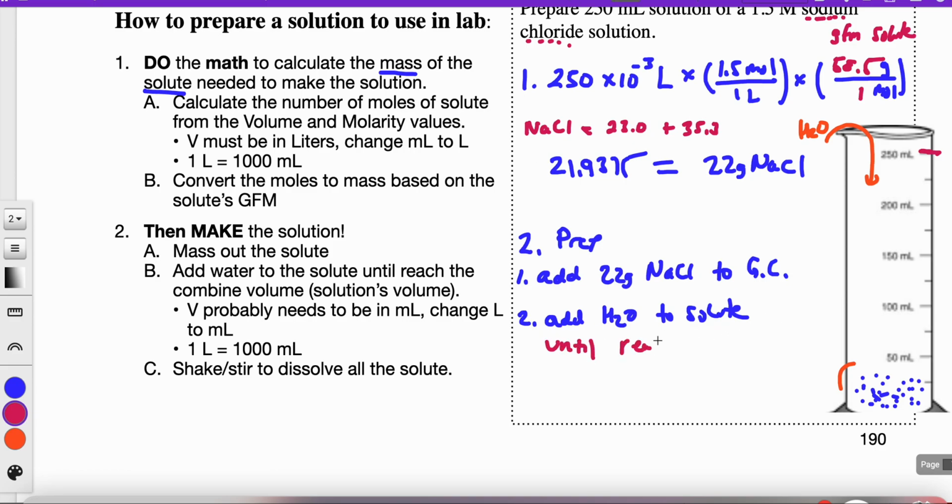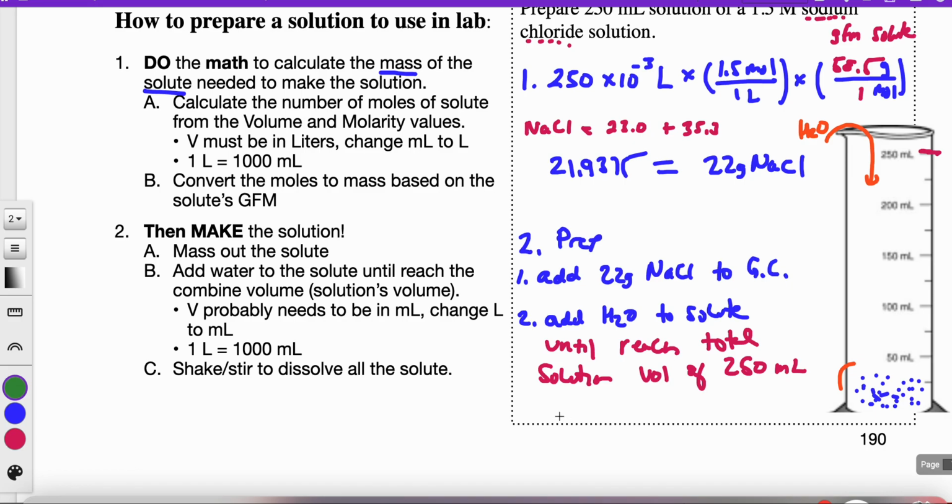So you add the H2O to the solute until I reach the total solution volume of 250 milliliters. I'm going to add water until the solute and the water up here are 250.